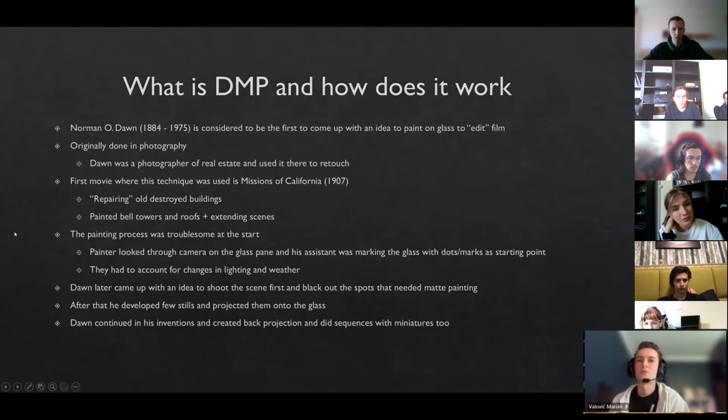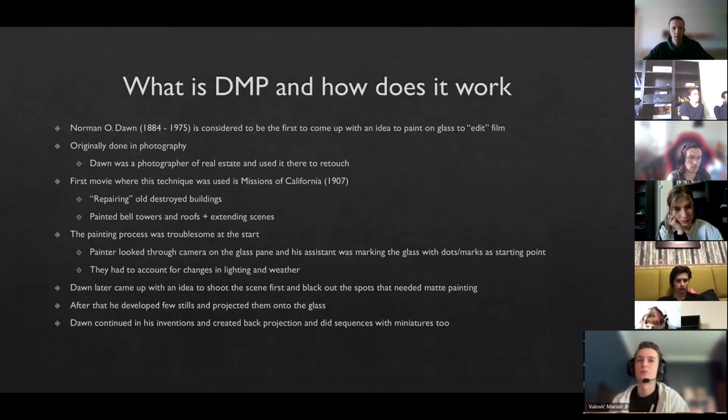And as I said, the first one to come up with some sort of an idea for matte painting was Georges Méliès, but the first one who actually did it was Norman O. Dawn. He's considered to be the first one to come up with this idea to edit the film with the painting on glass.